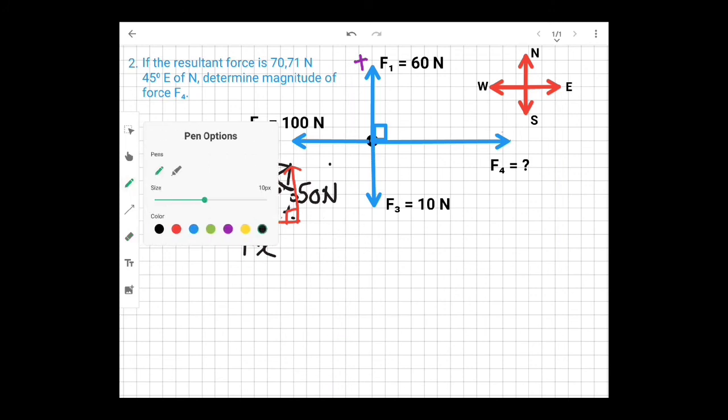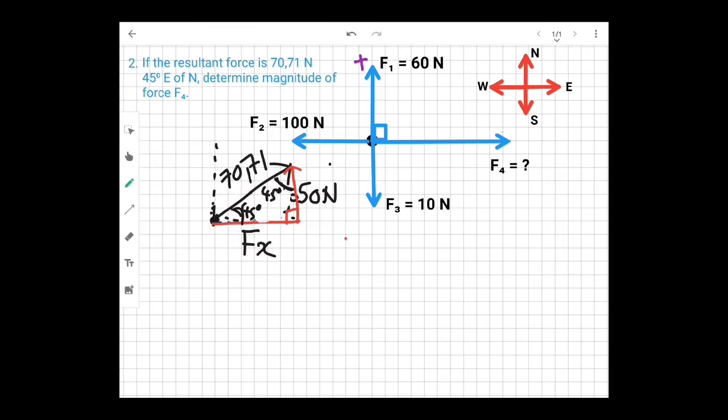Now to use the trig ratios, we have to assign these 3 sides of the right angle triangle special names. Okay, so we normally focus on the angle that is from the horizontal to the vector. So which means the 50 or the y becomes the opposite side.